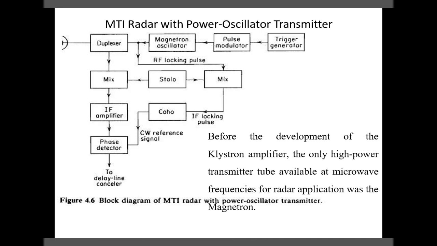The resultant IF signal is given to the phase detector, same as in the MTI radar with a power amplifier transmitter, and then the phase of the IF signal and the coherent signal is compared, and based upon the phase difference we find out the velocity of the target. So now we will see this operation in detail.